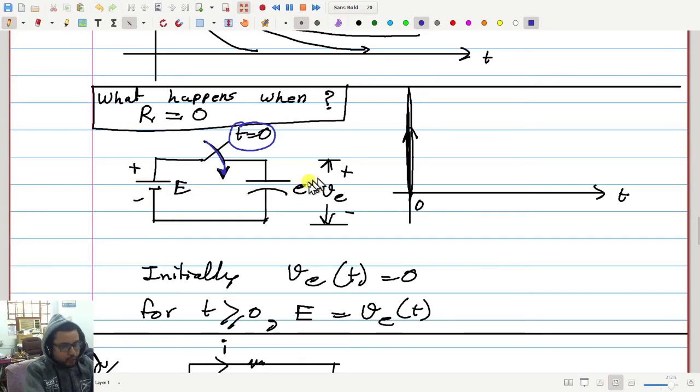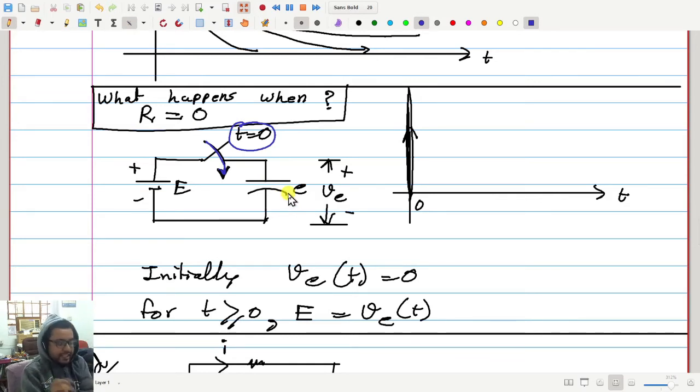But at the same time, we also demand that at the starting moment the voltage across the capacitor should be 0, because no charge was coming before that. If there was no stored charge, then the voltage should be 0, because it takes some time for the charge to come.